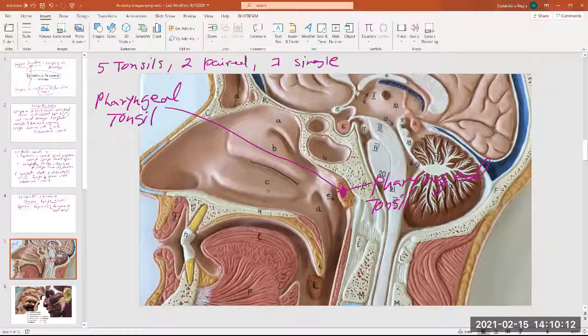Okay, the next one is the palatine tonsil. There are 2 of those, one on left, one on right. Palatine, palate, corresponds to the oral cavity. So when you go to the doctor's office and you are asked to open your mouth wide, they're taking a look at the palatine tonsil.